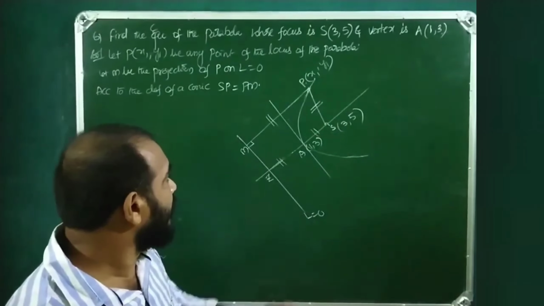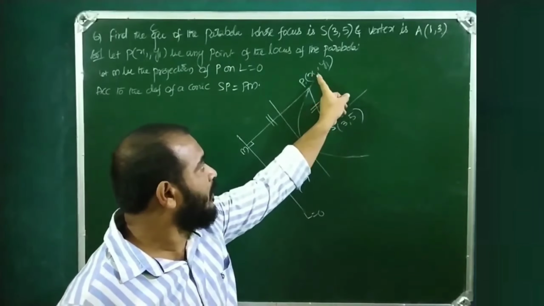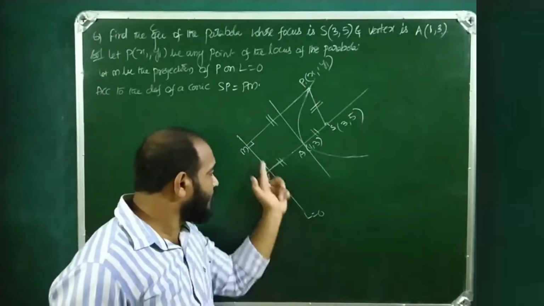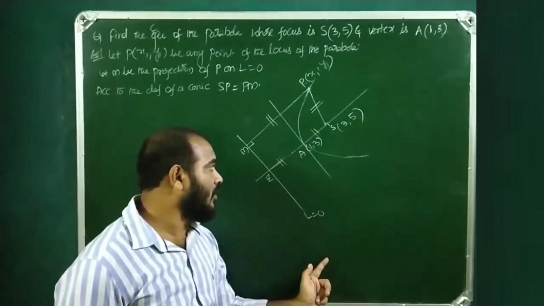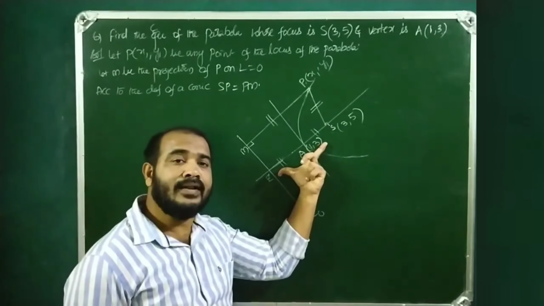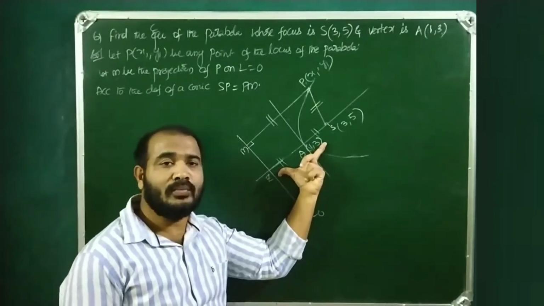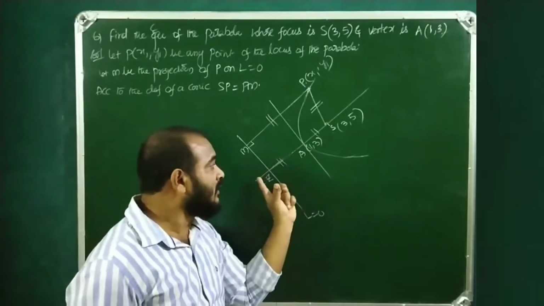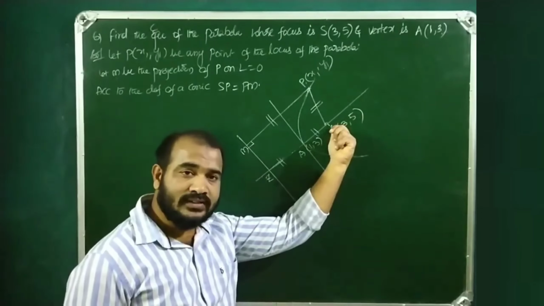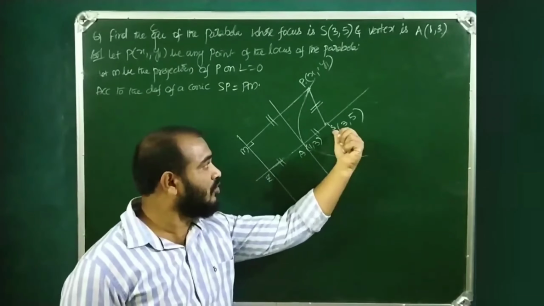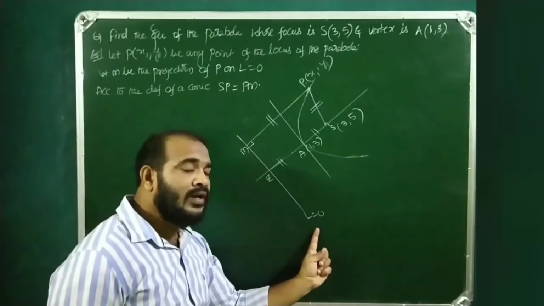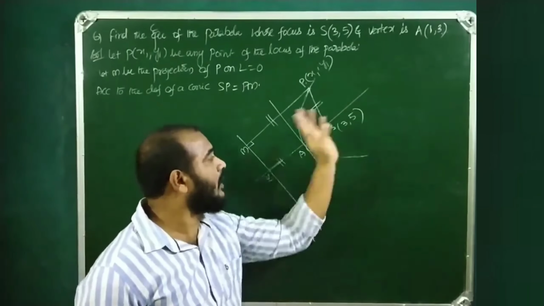PM is the distance of a point P (x1, y1) to this line. First of all, what is the equation of this line is what we need to find out. This line is the principal axis. What is meant by principal axis? The straight line passing through the fixed point which is the focus and perpendicular to the directrix is called the principal axis.